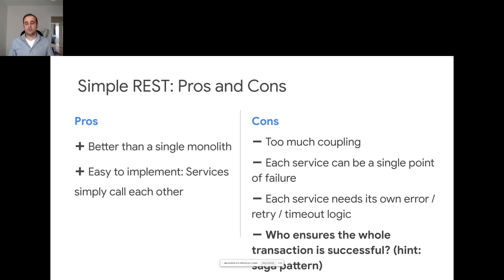So if some of the services fail or if they don't do the right thing, how do you know, or what do you do, right? There's actually a pattern called Saga pattern that I'll talk about later that helps with this kind of stuff. So the point of this simple REST-based approach is that it's easy to reason about, but at the same time, it's not so great because it has its own issues.